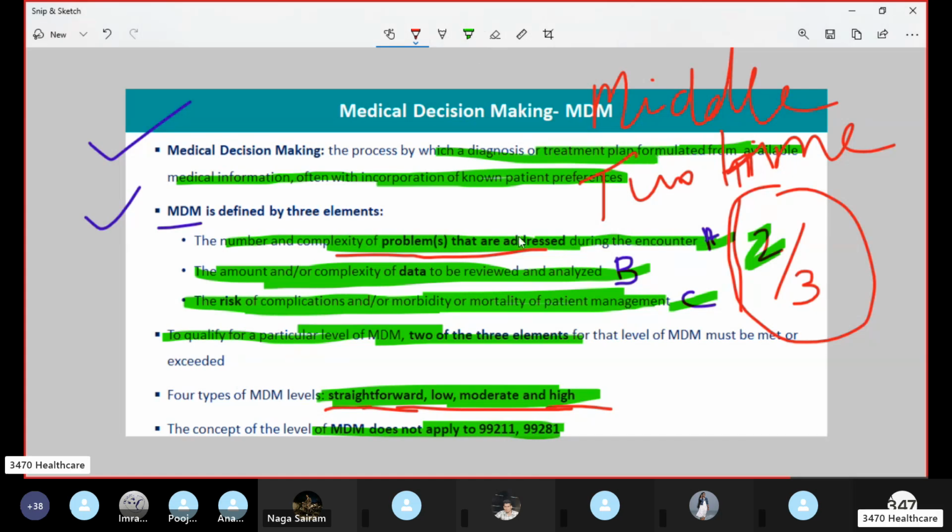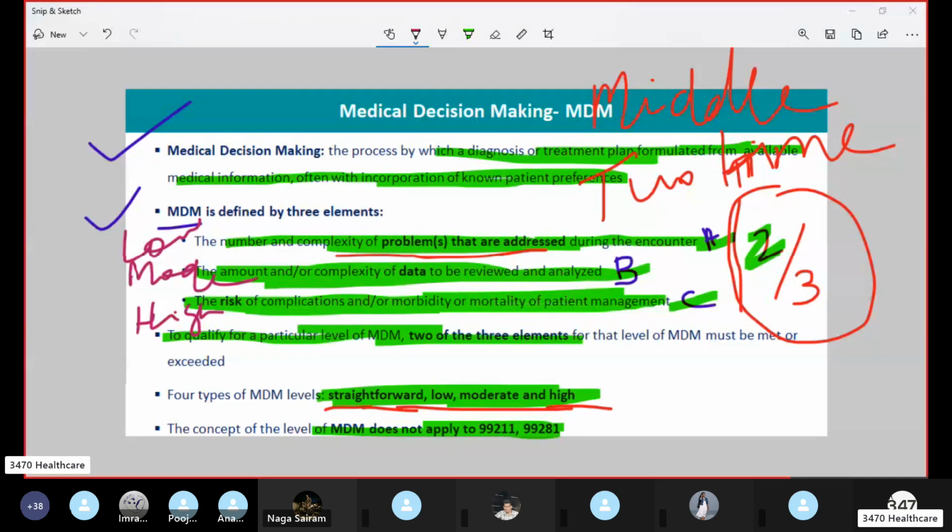Example: A table is low, B table is moderate, and risk is high, as per your medical record.